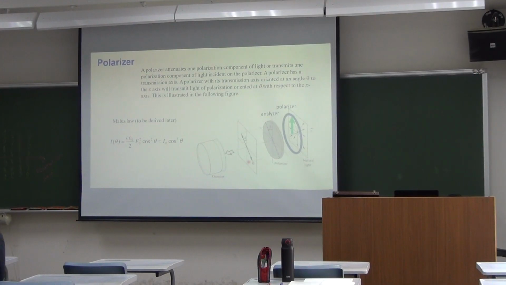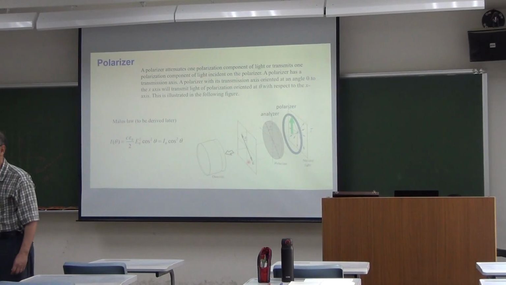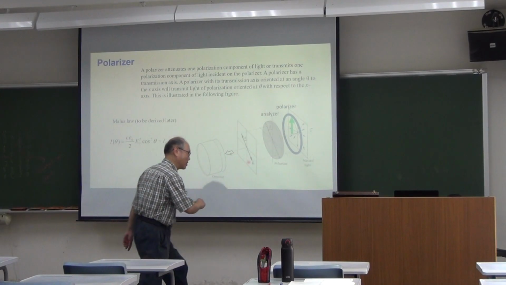If the transmission axis is like this, then you cut all the light. So you rotate it, and you identify that when the two axes are perpendicular to each other, you see nothing. OLED is circularly polarized light, so it's different.